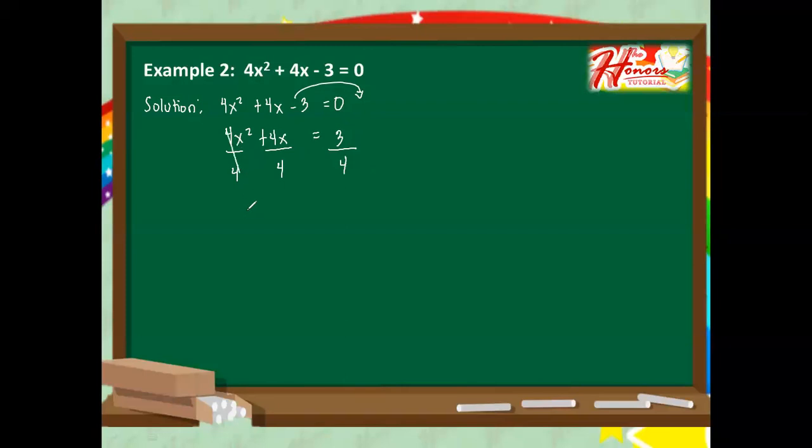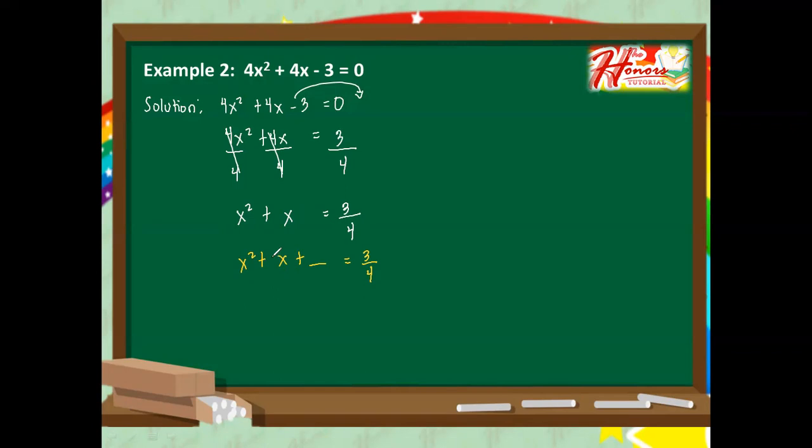And then cancel. It will become x squared plus, cancel again, x equals 3 over 4. And then, don't forget to have a blank after the second term. So it will become x squared plus x plus blank equals 3 over 4. And then how are we going to solve for it?